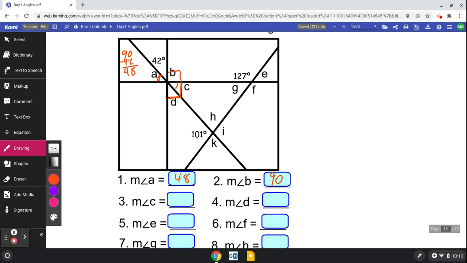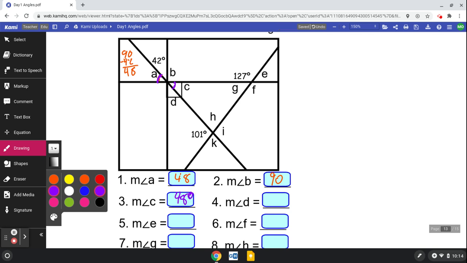You kind of have to do a little investigation. We already learned something about angle C. We can tell it is vertical from angle A, and I already know what angle A is. So it is the same measurement as angle A. I'm putting my degree sign.